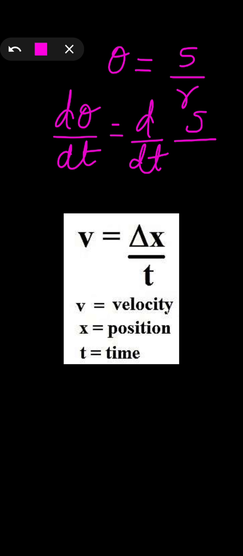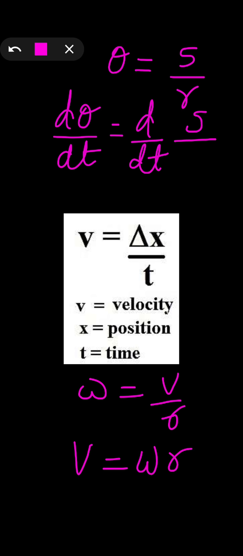Okay, so omega equals v by r. So v by r can be written as omega, or v can be written as omega r. This is the relationship between linear velocity and the angular velocity.